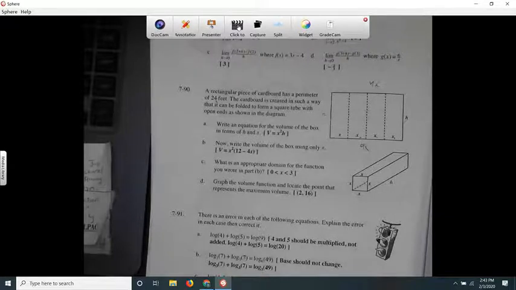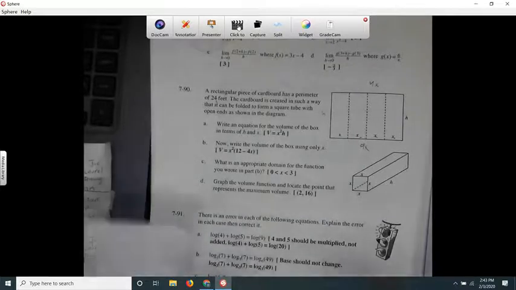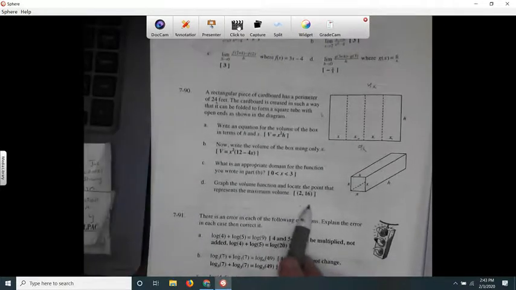Okay, that's another good reason why we can restrict the domain to that. And the last part says graph the volume function and locate the point that represents the maximum volume. I would just go on Desmos, because it's going to be a cubic.